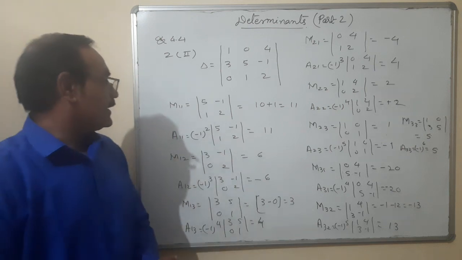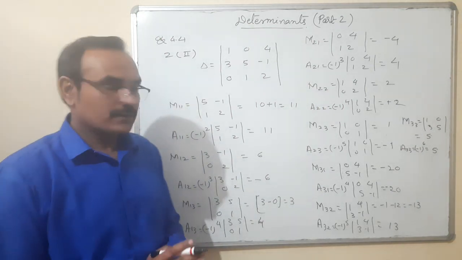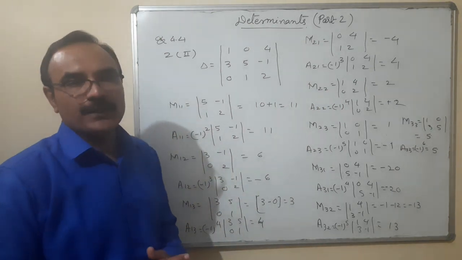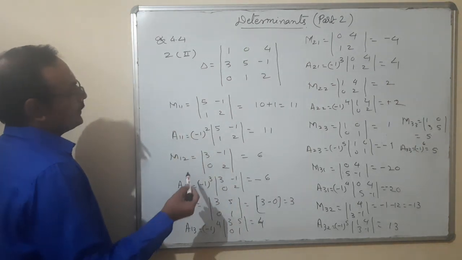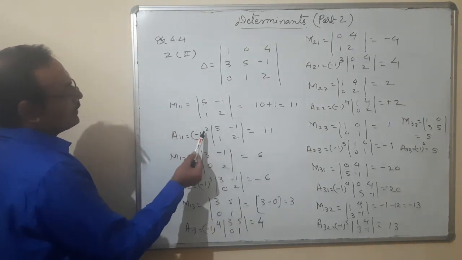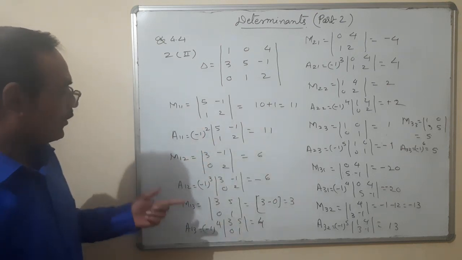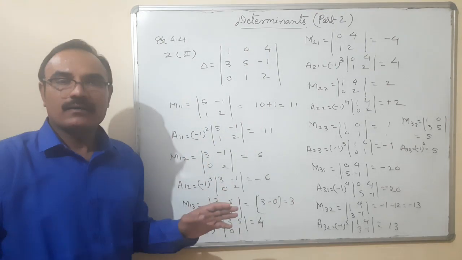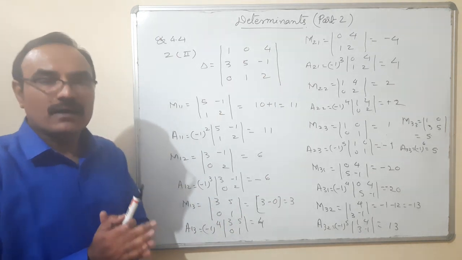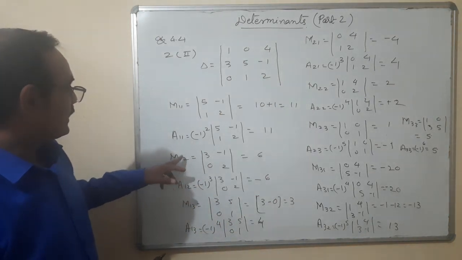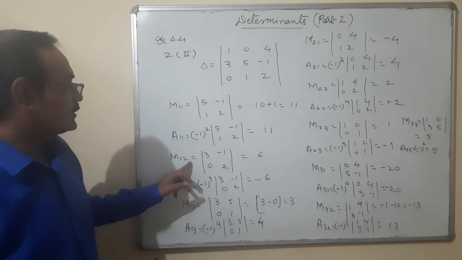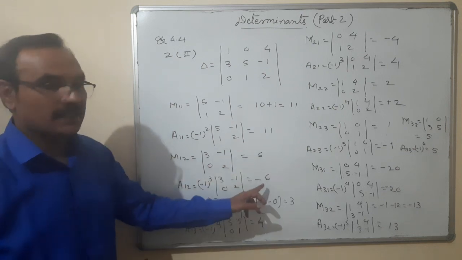So here when we analyze the terms, you can see that when the power is even, the result is the same. But when the power is odd, the result has the same value but the opposite sign. Like this is M12 and A12: the value is 6, the value is minus 6.